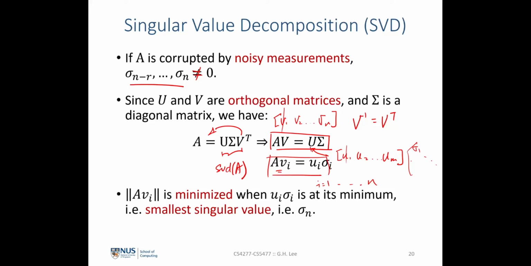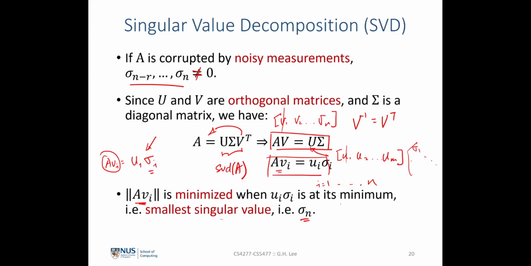What's interesting is that since we have the relation A Vi equals Ui sigma i, where the singular value is a scalar multiplied by our vector Ui, we see that A Vi on the left side is at its minimum when the singular value is also at its minimum. Hence, it corresponds to the smallest singular value, sigma n.